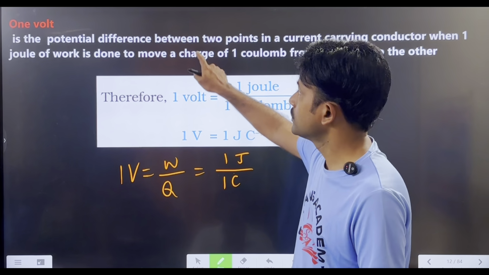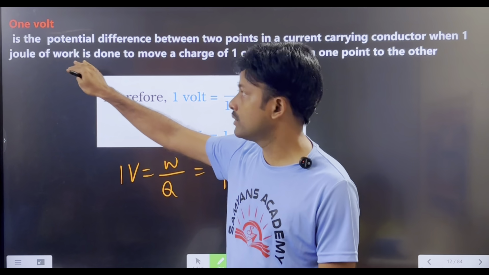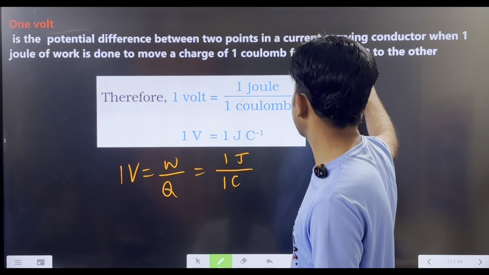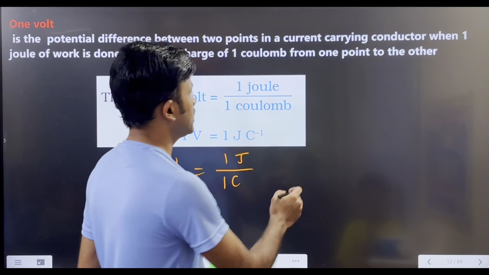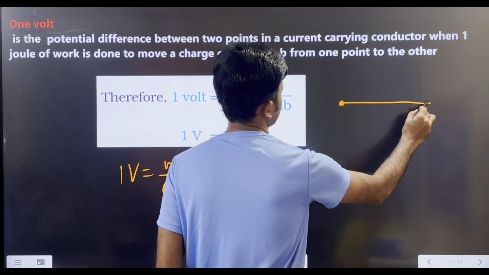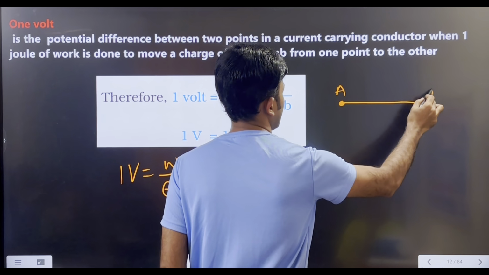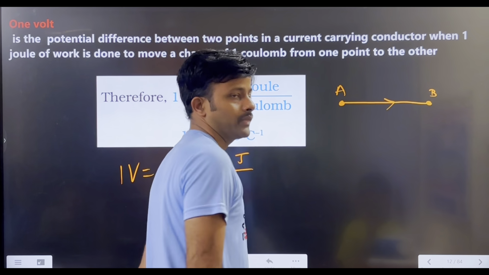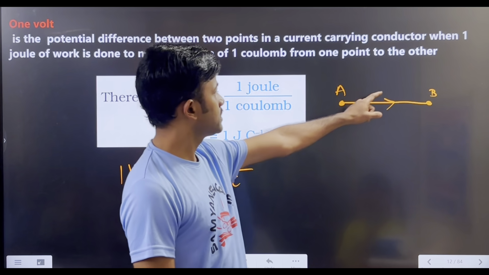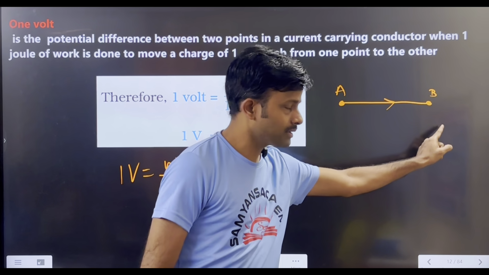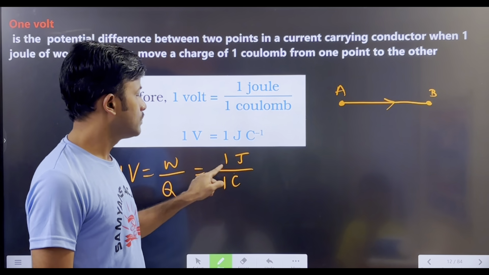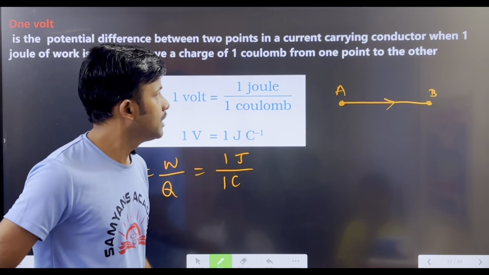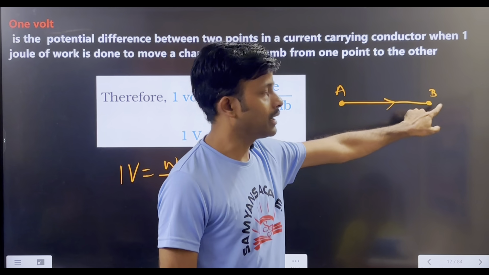Is it clear, everyone? So how can we define 1 volt? 1 volt is the potential difference between 2 points in a current carrying conductor, in which the current is flowing, when 1 joule of work is done to move 1 coulomb of charge from one point to another point.